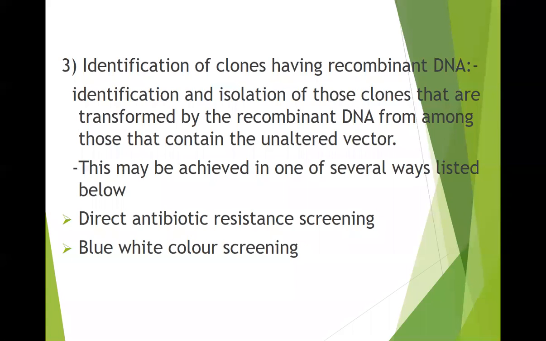Similarly, blue-white color screening also, the LacZ gene is used for insertional inactivation, by which you would be able to select the recombinants directly. These two methods are extensively discussed when we were discussing about plasmid vectors.